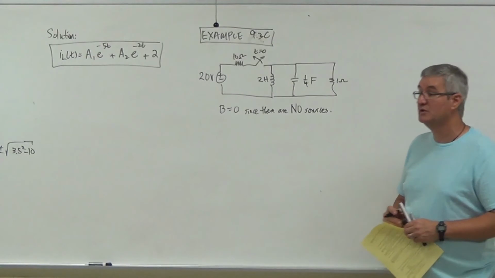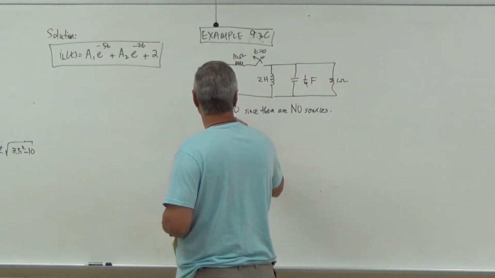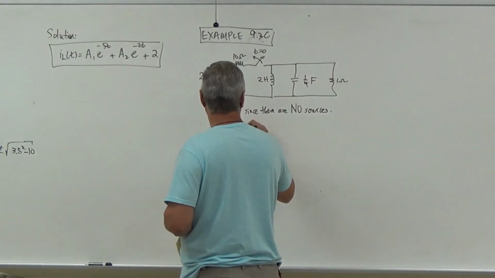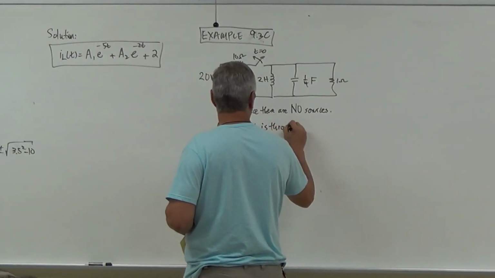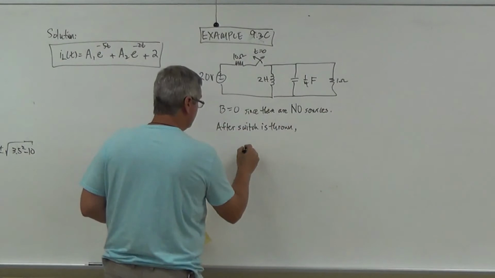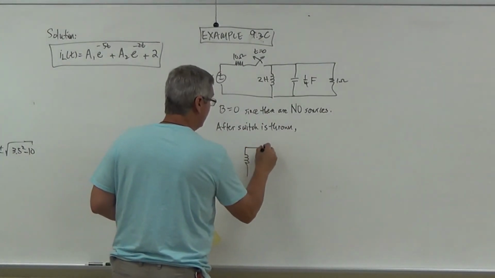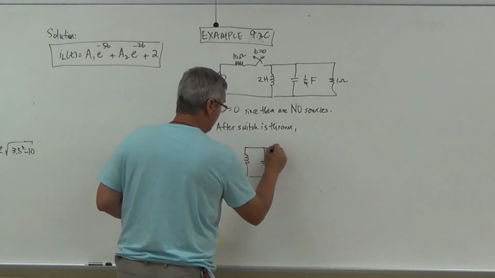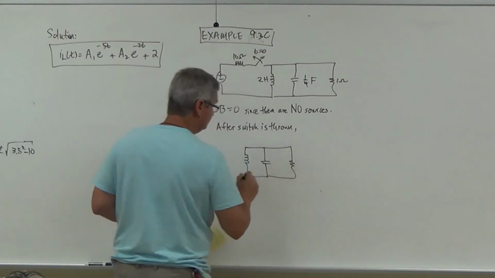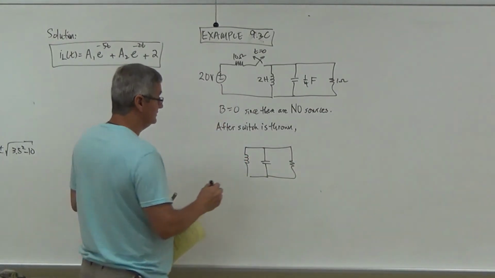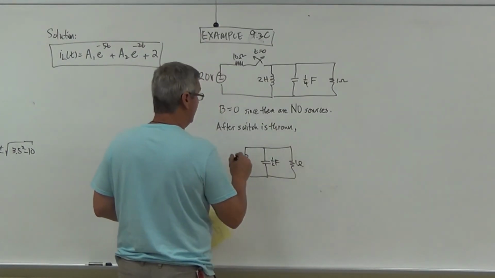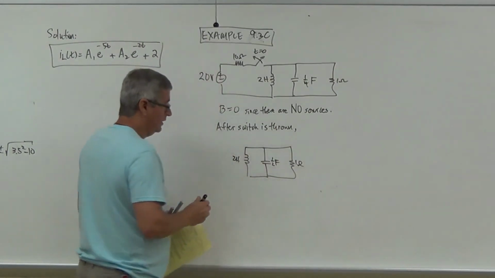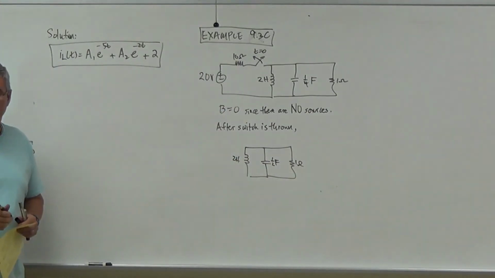Let's do this thing. So what does the circuit do after the switch is thrown? We have the inductor, the capacitor, and the resistor. So I have a 1 ohm, a quarter F, and a 2 Henry. Tell me, what are the directions of the current?